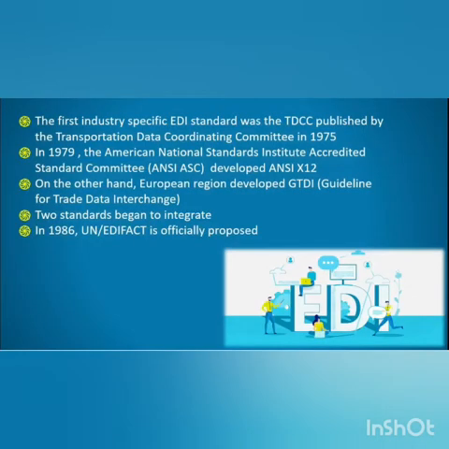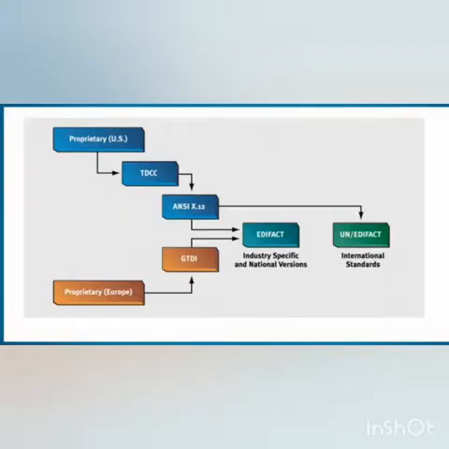In 1979, the American National Standards Institute Accredited Standard Committee, ANSI, developed ANSI X12 and it is still in use. On the other hand, the European region also developed an integrated EDI standard and named it GTDI. GTDI stands for Guideline for Trade Data Interchange. ANSI X12 and GTDI have become the two regional EDI standards in North America and Europe respectively.